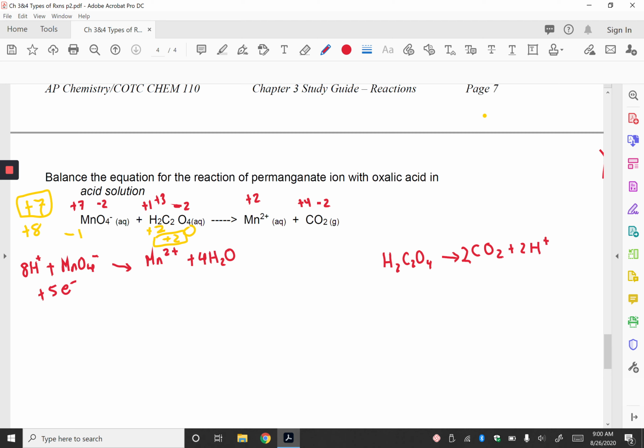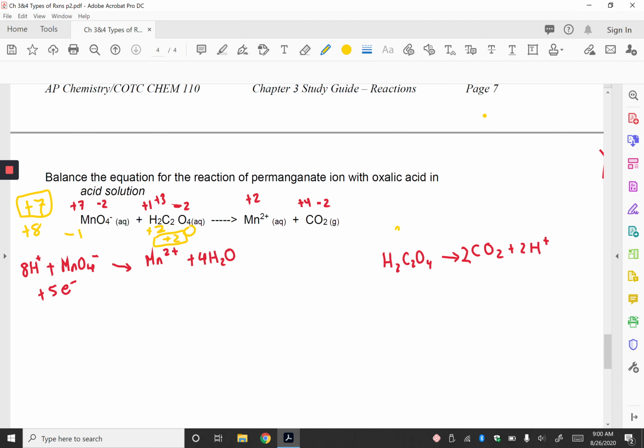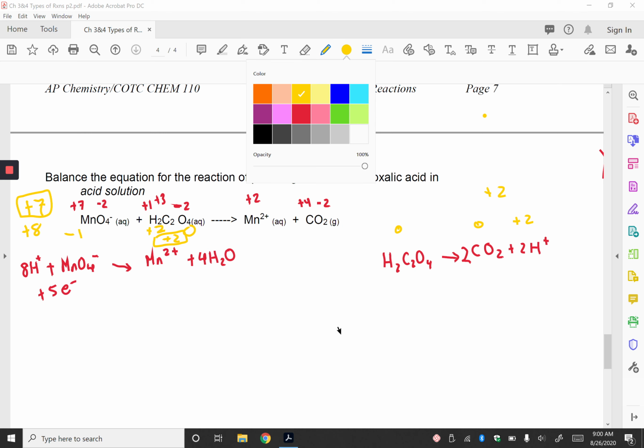Okay, let's look at the other one here. Do the same thing. So this is neutral, just 0. This is neutral. This is a +2 for a total of +2. So I need to add electrons, and I always add my electrons to the more positive side. So this is neutral, this is +2, so +2 is a higher positive.